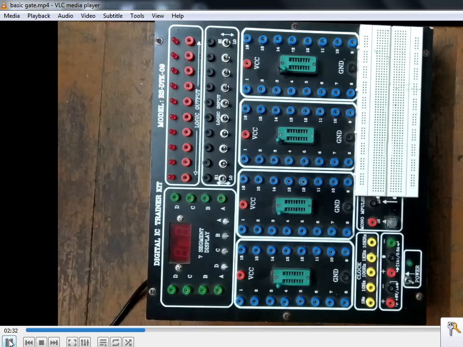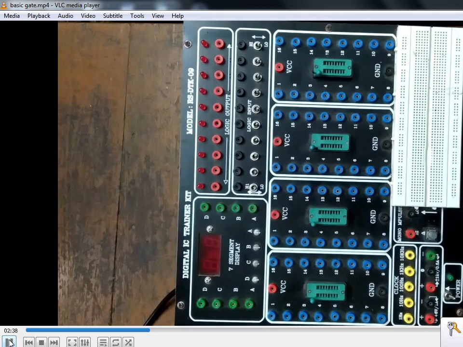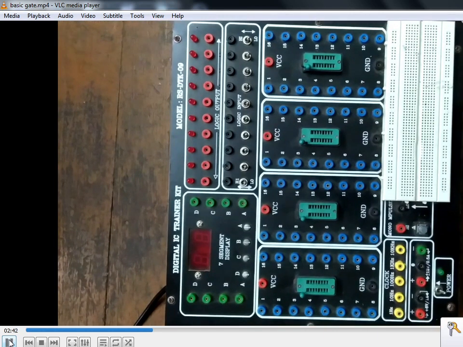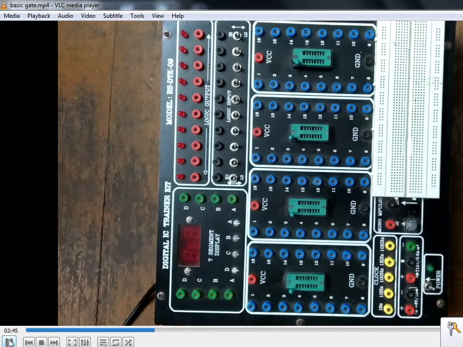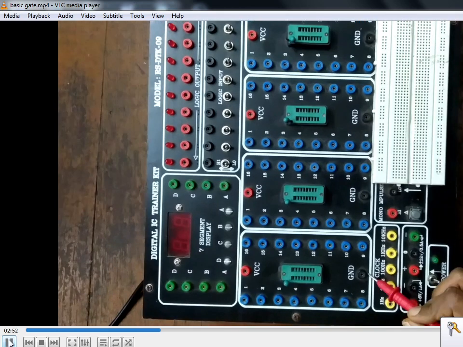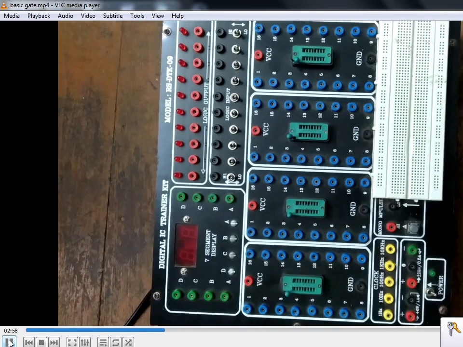Precautions to be taken while conducting the experiment are: first, we need to check whether the IC used for the experiment is good or bad by using the IC tester. Secondly, we should connect the ground terminal and VCC terminal to the respective socket pins as per the IC configuration.